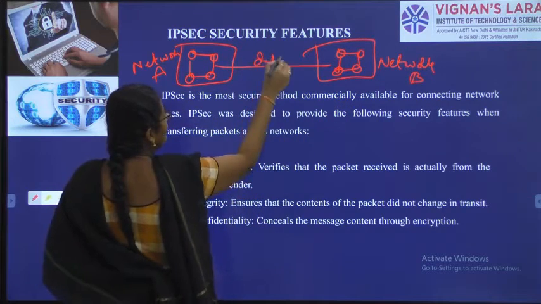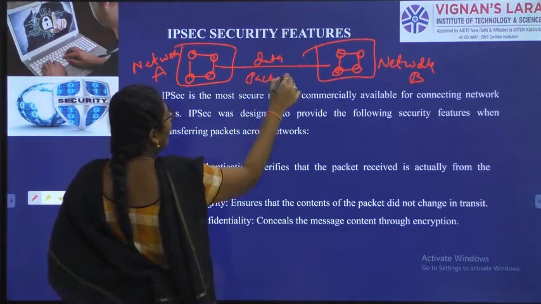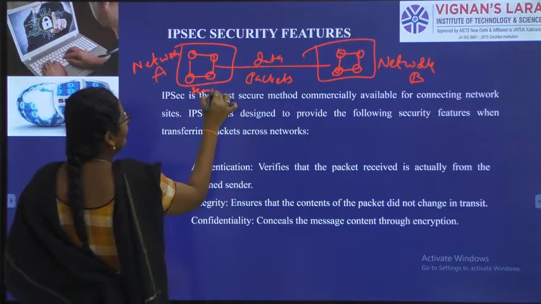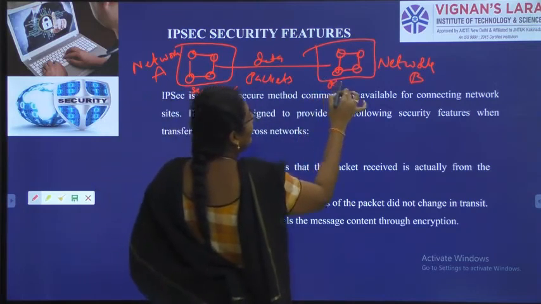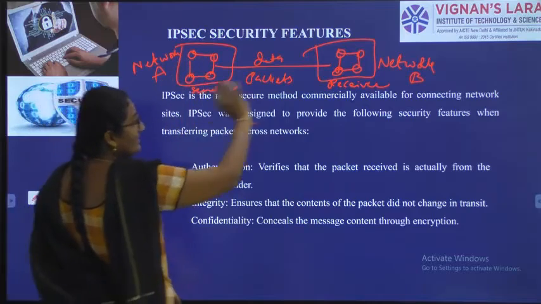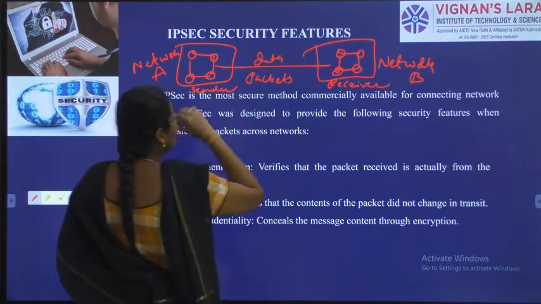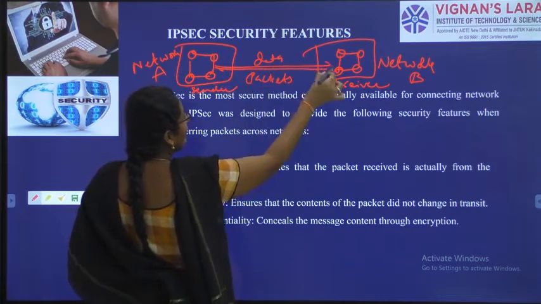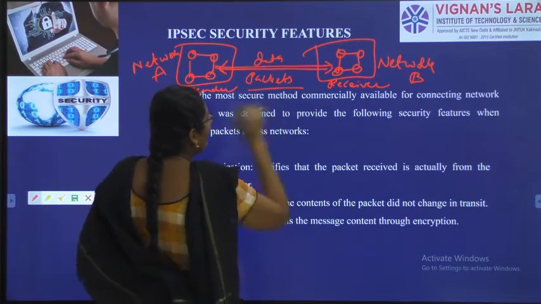Now data is transferred in the form of packets from network A to network B. In network A we have the sender. In network B we have the receiver. So network A with a group of systems, network B with a group of systems, sender in network A, receiver in network B. Data is transferred between these two networks in the form of packets.